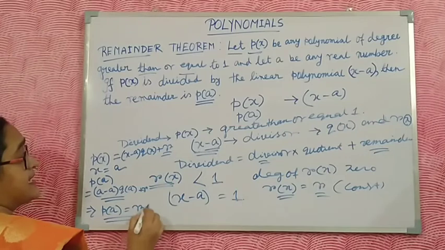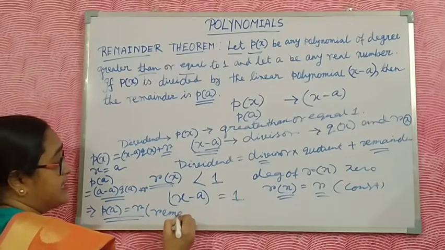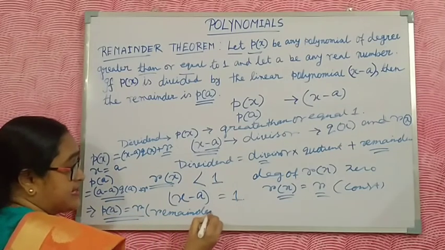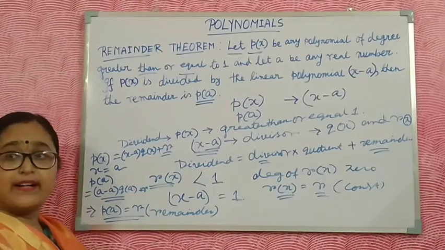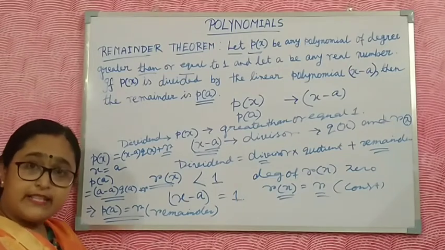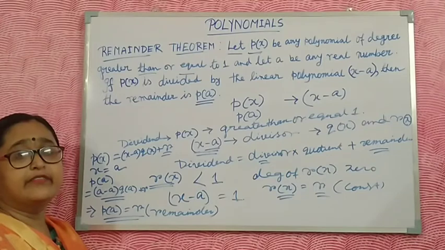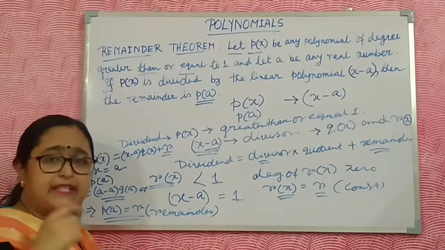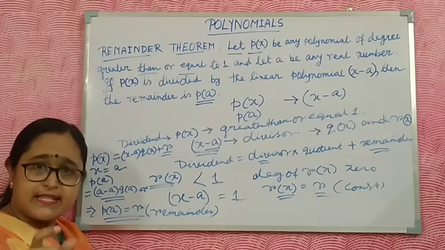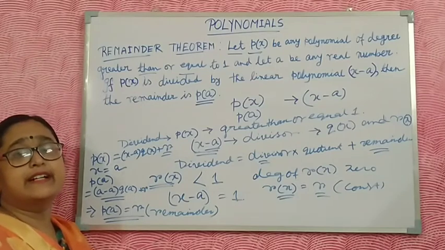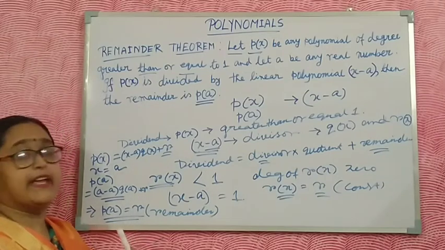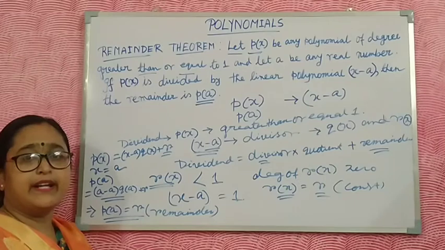This is the remainder. This is the remainder theorem. The remainder theorem is: when I divide a polynomial P(x) by the linear polynomial x minus a, the remainder is P(a).